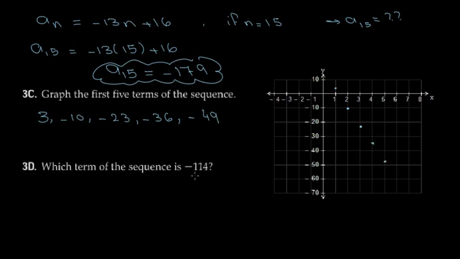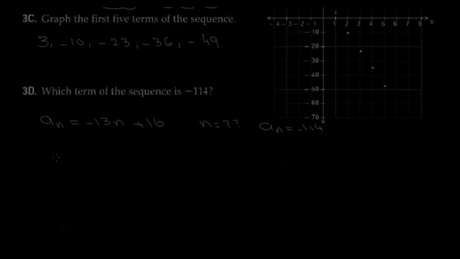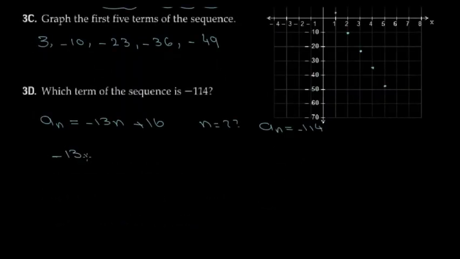Which term of the sequence is equal to -114? In the same way, we'll use the nth term, which is equal to -13n plus 16. We need to find the value of n, given that an is equal to -114. So by substitution, negative 13n plus 16 is equal to negative 114.